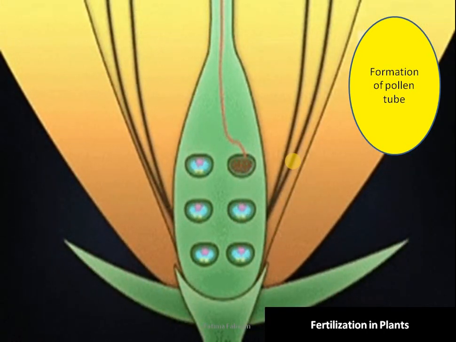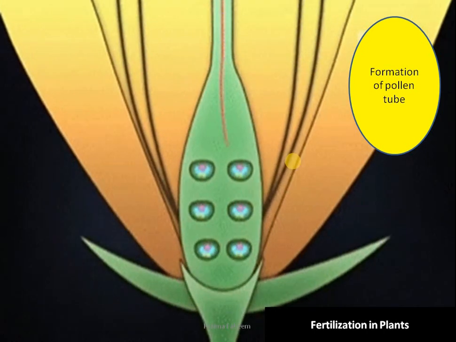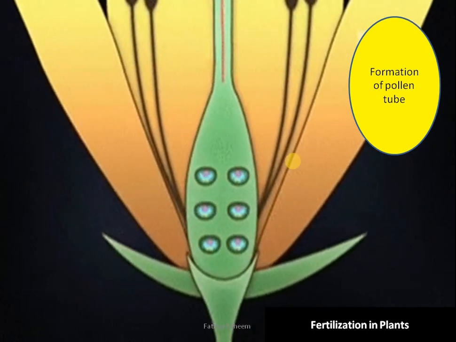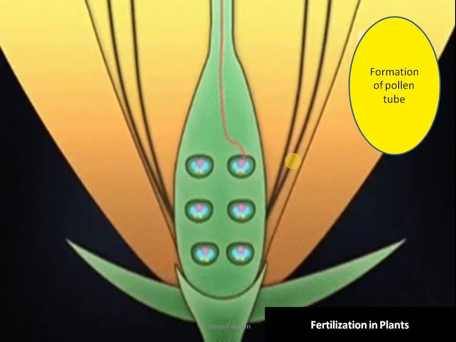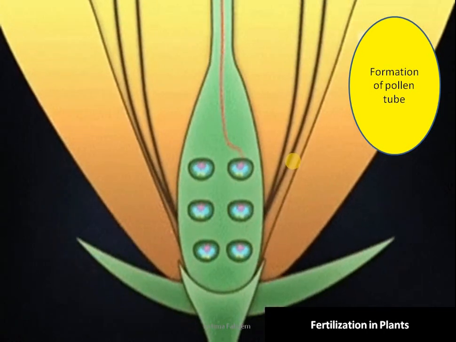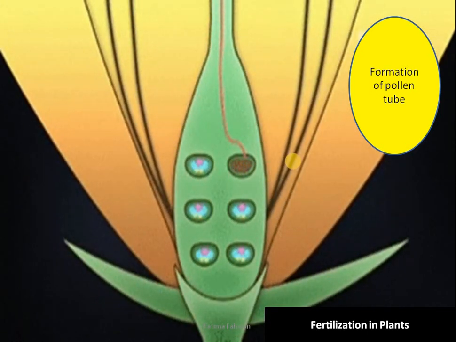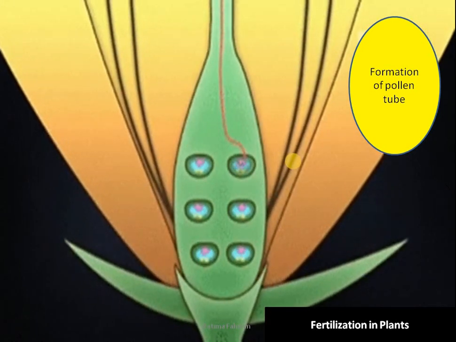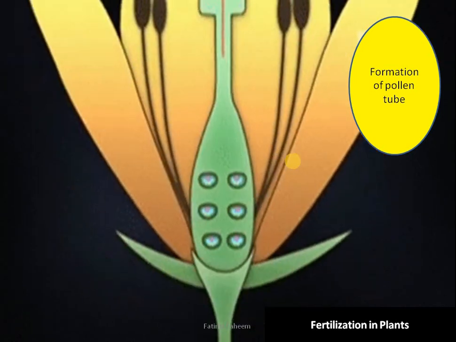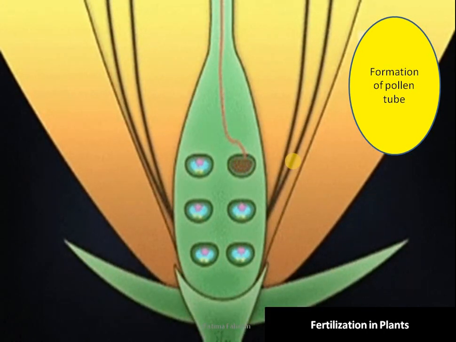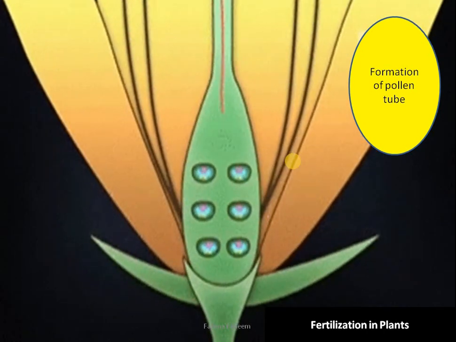So this is the fertilization process where the male gametes reach the female gametes and fuse together to form a zygote. But it is not that simple. We have to see different structures which are present in the ovule and also in the pollen tube. Like I told you in our previous slide, the generative nucleus will undergo division and form two male gametes, while the ovule also contains two female gametes.